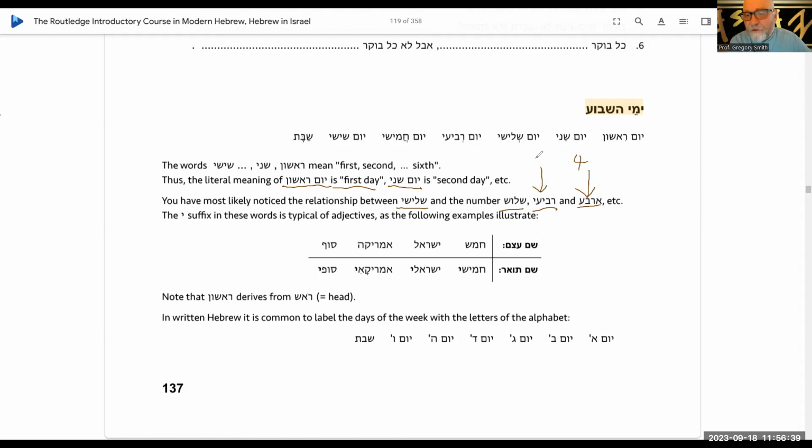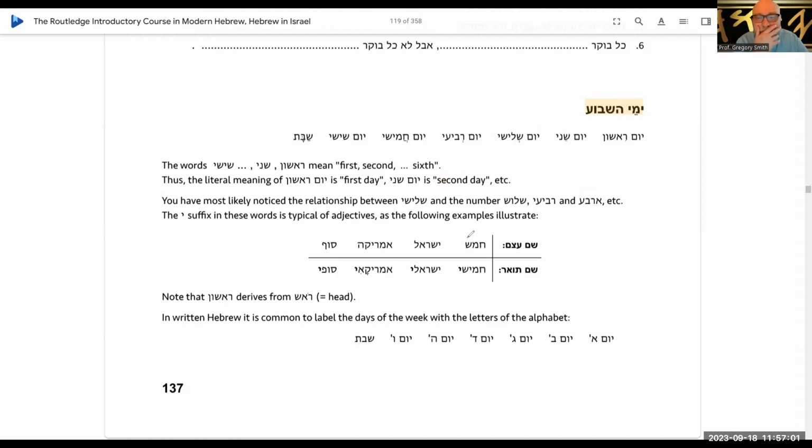Revi'i would be the 4th day. Shlosh is like 3, and Shlishi is the 3rd day. So you see Yom Shlishi right there. So it's first day, second day, 3rd day.